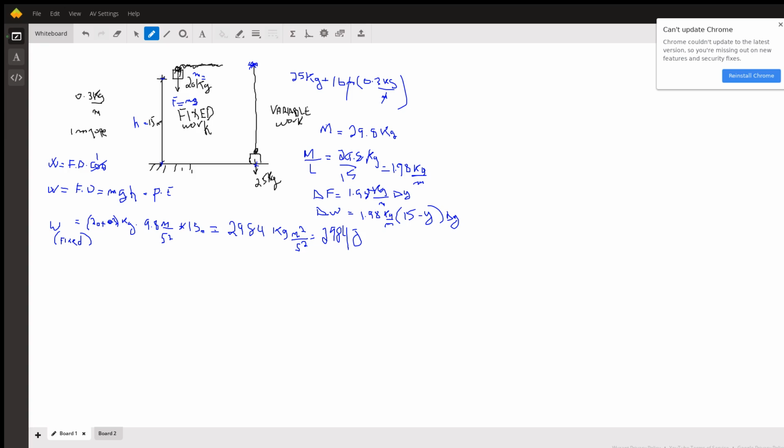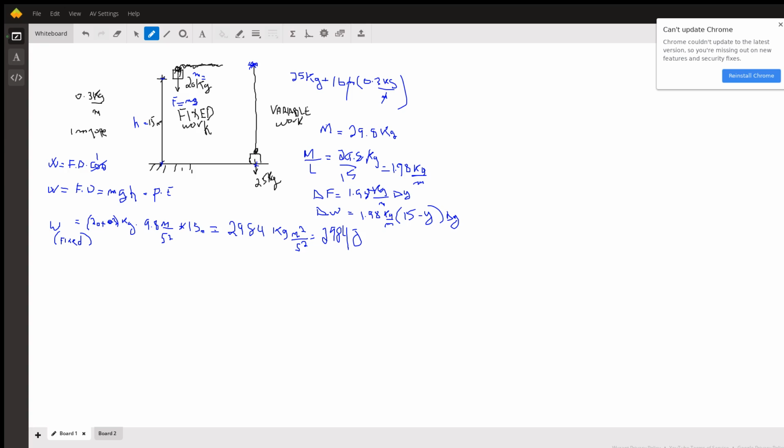But this is not the unit of work. Well, we forgot to multiply by g, right? So we multiply by g. What is the unit of g? Well, it'll be 223 kilogram times meter times 9.81 meter per second squared, not Newton.